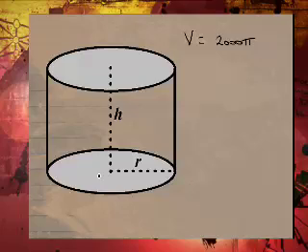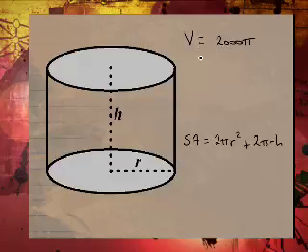We know the surface area is 2 pi r squared plus 2 pi r h. And we know that the volume is pi r squared h, and that equals 2,000 pi.